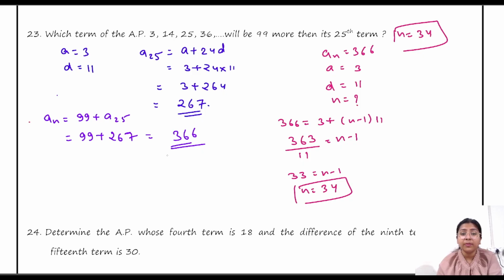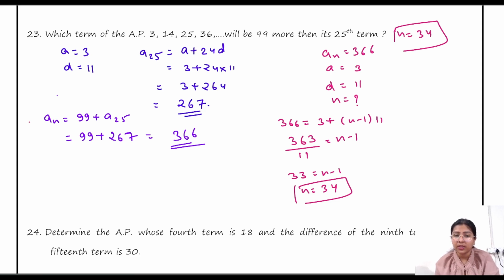The value of n is 34, which means: which term of the AP will be 99 more than its 25th term? Okay, only we need to find out the term, not the position. The 34th term of the AP will be 99 more than its 25th term, and 366 is that term. 366 is 99 more than its 25th term, and 366 is acquiring the 34th position in this AP.